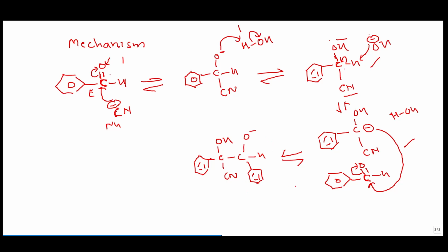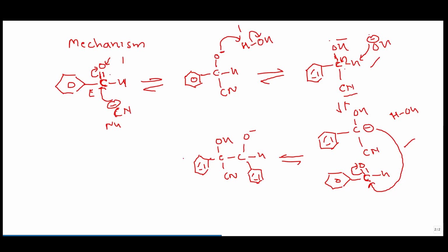So, we are putting a reversibility sign here. Since a carbon carbon bond is breaking here, we may show that the reaction is favorable in the forward direction and not that much favorable in the backward direction.